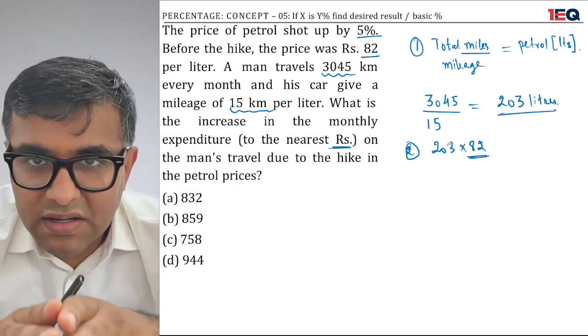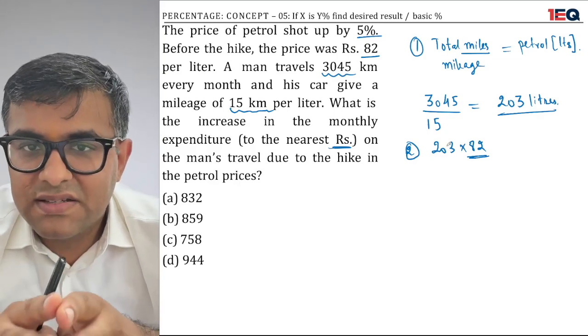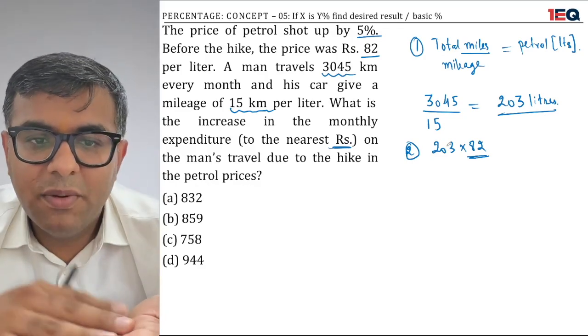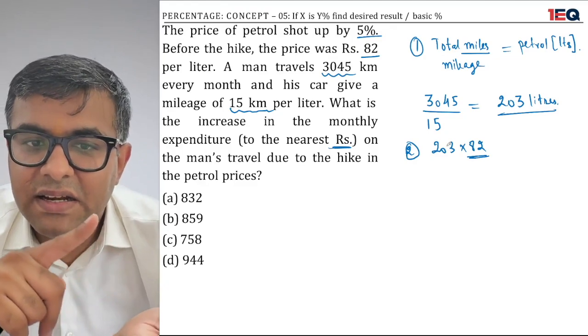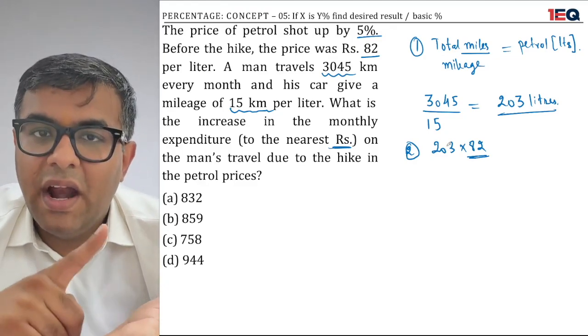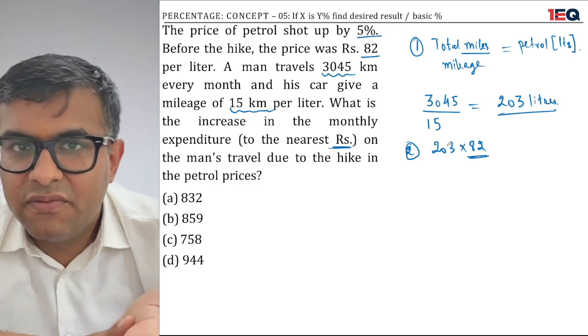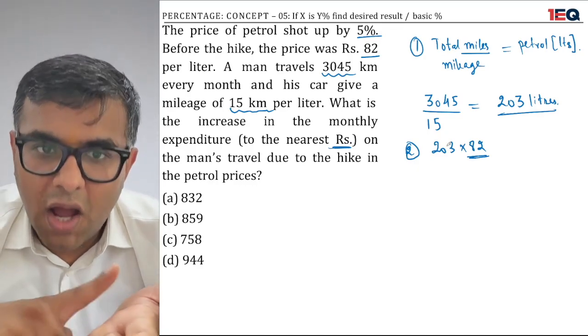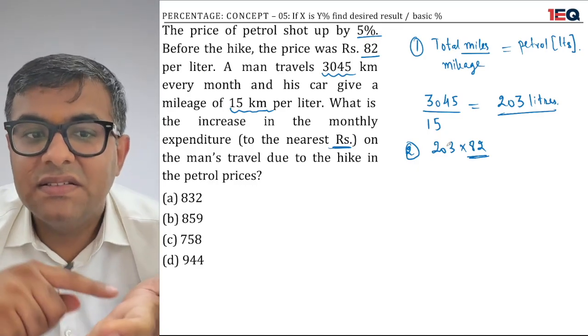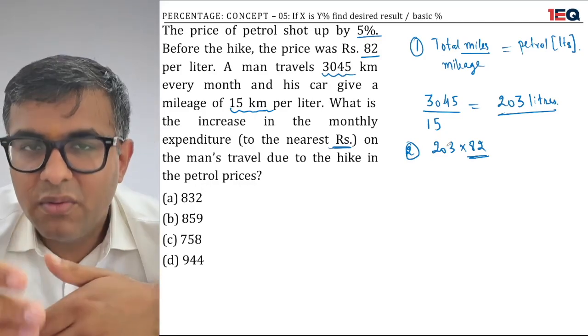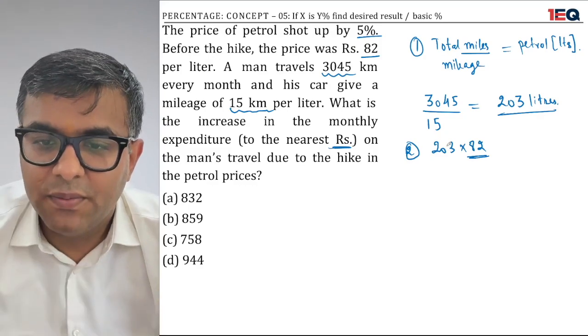This is my strongest assumption. And this strongest assumption is the clear result because had there been a 5% increase in the total miles, my answer would have been the same. Now there is a 5% increase in the cost of petrol. So my total expenditure would give out the result in a very similar fashion.